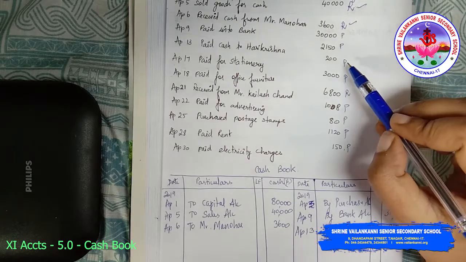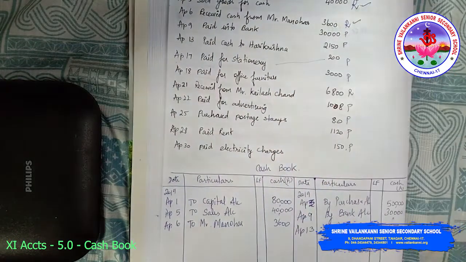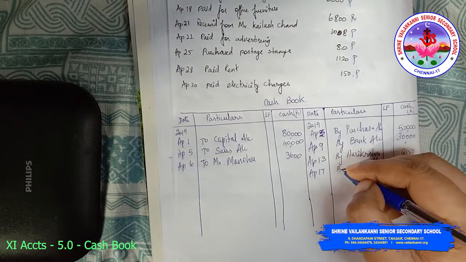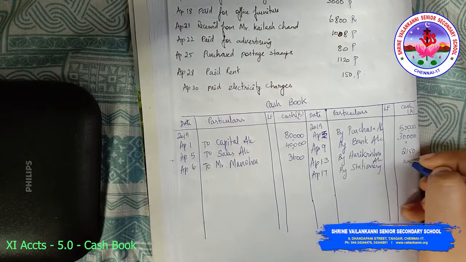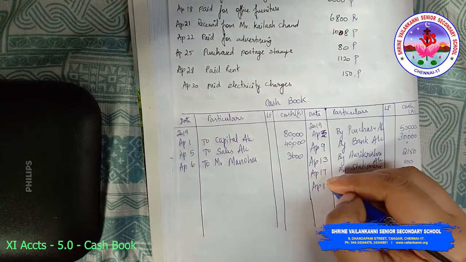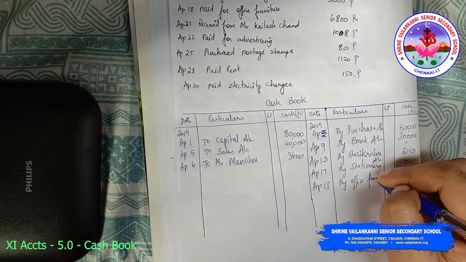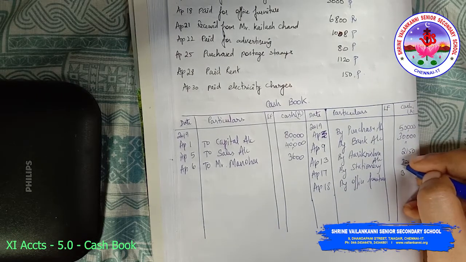Then you have paid for stationery, 200. April 17, by stationery, 100. April 18, by office furniture. I'm sorry, it's 200.